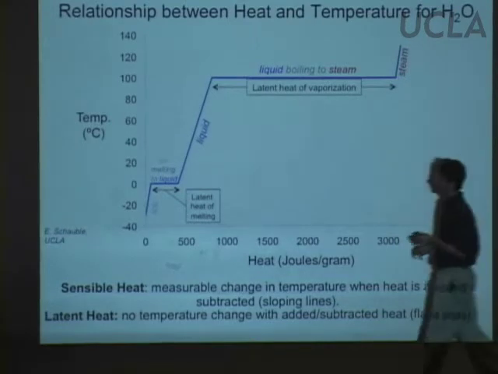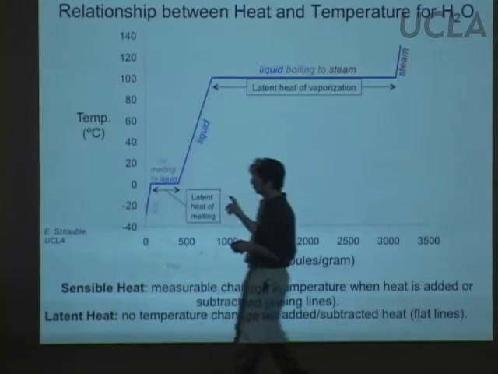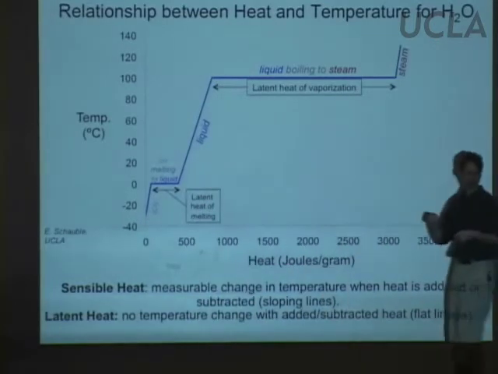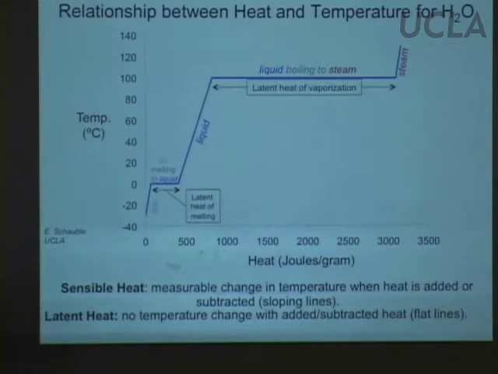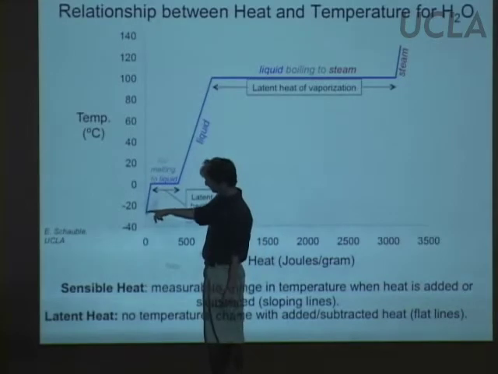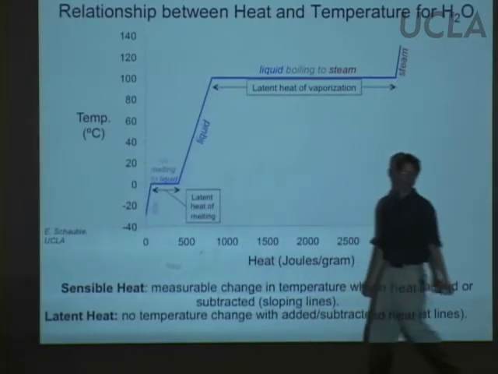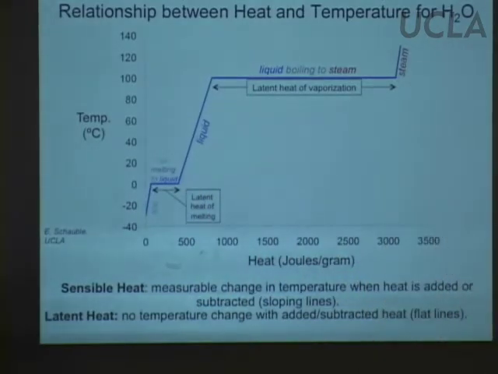for a sample of 1 gram of ice, how much energy we have to put into it to raise its temperature by various amounts, we would get a plot that looks something like this, where if we take ice at minus 30 degrees, 1 gram of it, and we start adding heat to it, it's going to warm up, okay, because the heat capacity of ice is about 1/2 of a calorie per gram per degree Celsius, or about 2 joules per gram per degree Celsius.